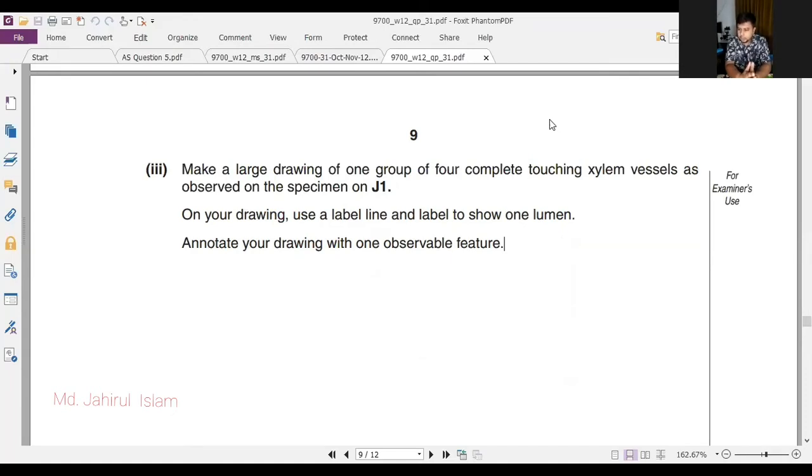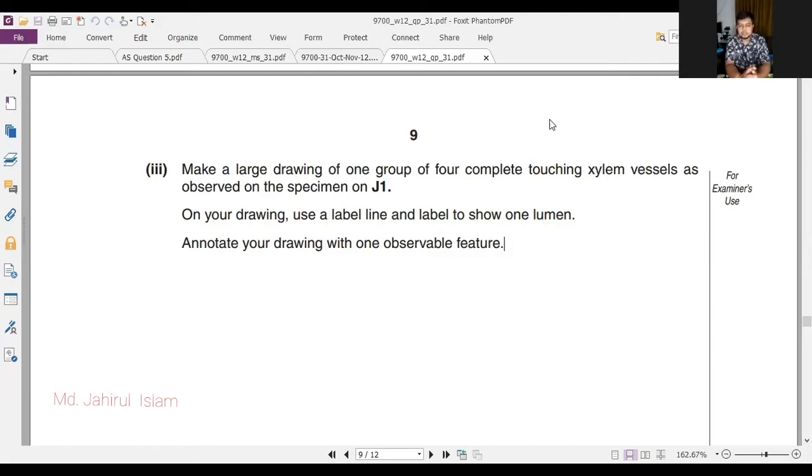On your drawing, use a label line and label to show one lumen. Annotate your drawing with one observable feature. Okay, so you must remember the mark given is 5. You will draw 4 touching xylem vessels, use a label line to label one lumen, and then annotate your drawing to show how you identify this is xylem.